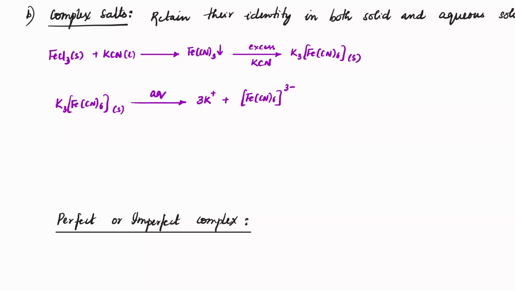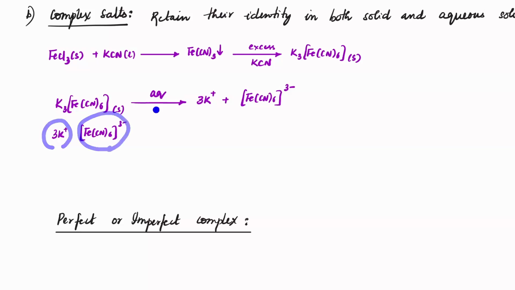That means even in solid state, it exists as 3K+ ions surrounded by [Fe(CN)6]3- ions. In solid state also, it is an ionic crystal which exists as K+ and these ions.